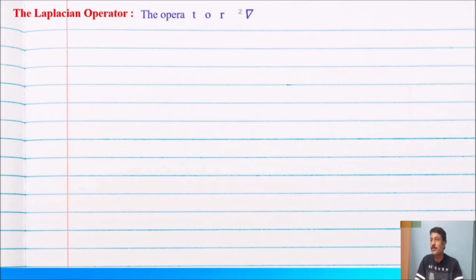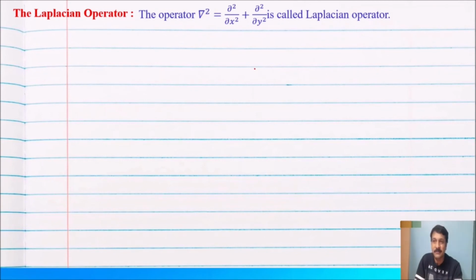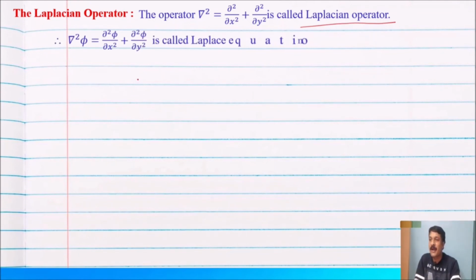One more thing you note that the Laplacian operator means, if we define del square, del square by del x square plus del square by del y square, is called Laplacian operator, and that is why del square phi equal to del square phi by del x square plus del square phi by del y square is called Laplace equation.